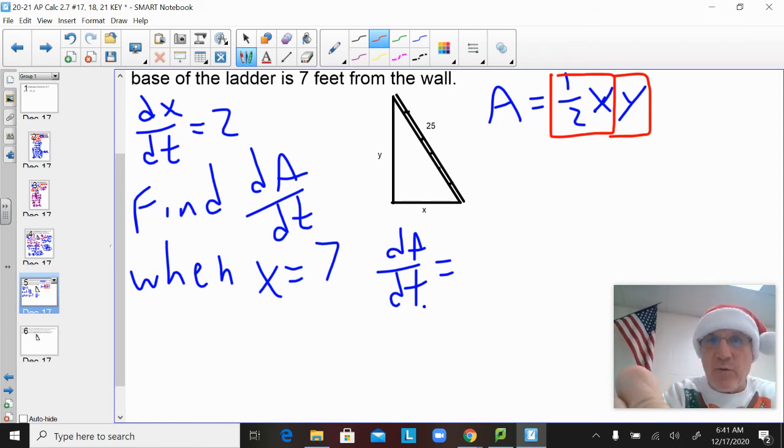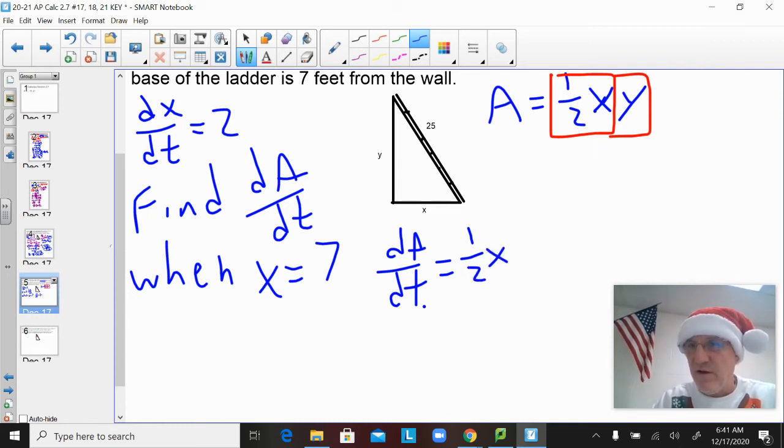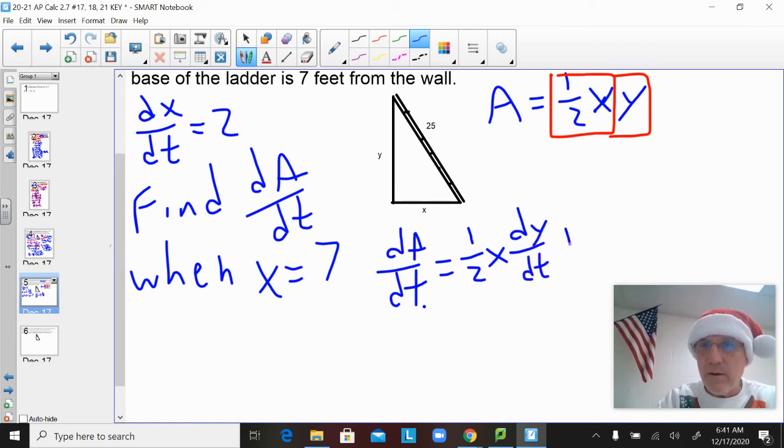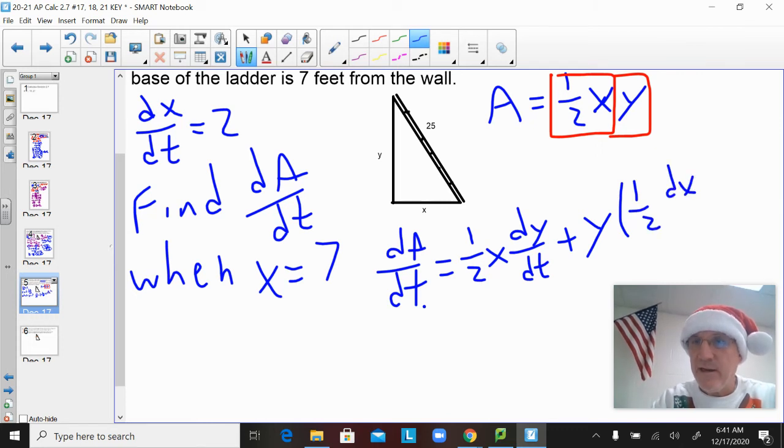So the product rule is the first times the derivative of the second, and the derivative of y is dy dt, plus the second, which is y, times the derivative of the first. And the derivative of 1/2 x is 1/2 dx dt.